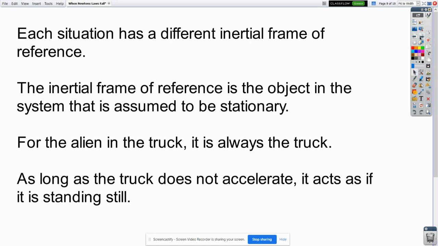For the alien inside the truck, the inertial frame of reference is always the truck, because that's what they perceive as not moving. That's the thing that surrounds them that stays in the same position. As long as that truck doesn't accelerate, speed up, slow down, or turn, it'll act like it's standing still, and it will be an inertial frame of reference.